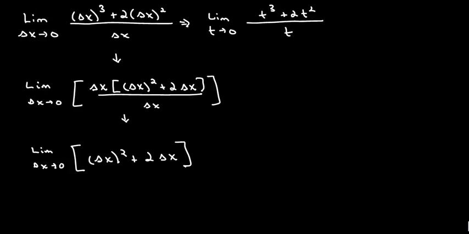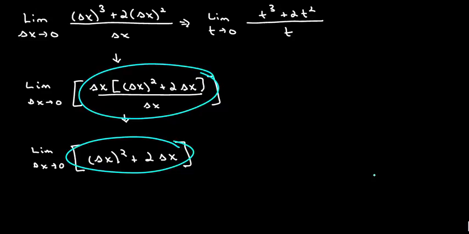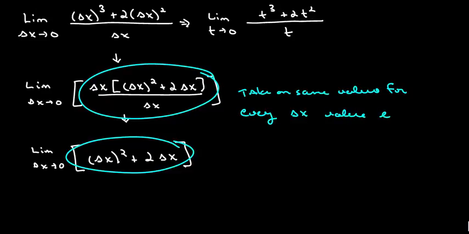Now, we need to reiterate this. This guy right here, I'll circle it for you, this guy is not equal to this guy. They are not the same. Okay, but they take on all the same values for every other number. So if they take on the same values for every delta x value except 0.